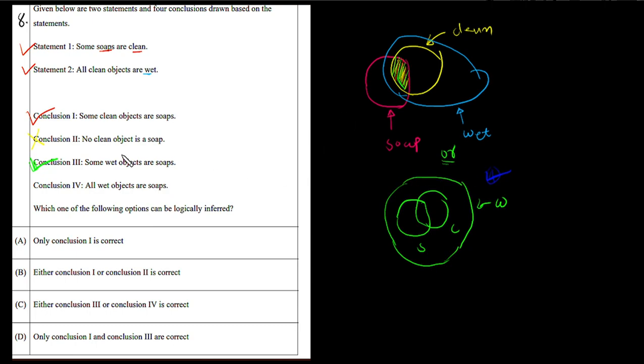If the fourth conclusion is true, then this bigger circle which represents the wet things must be included in this red circle, because this conclusion says all wet objects are soap. So all wet objects must fall into this red circle. But here this is not the case. So I can say conclusion 4 is also wrong. So now look at the options. You can see option D is the only one because option D says only conclusion 1 and conclusion 3 are correct. So you can say option D is correct.